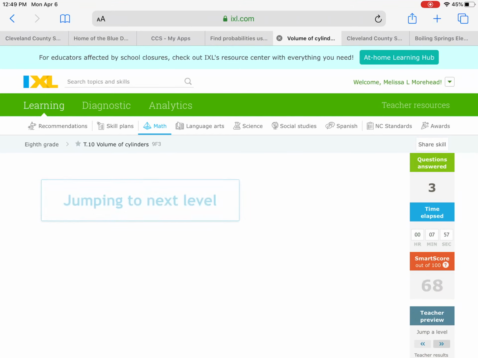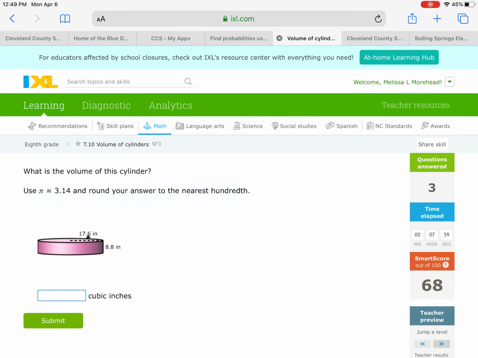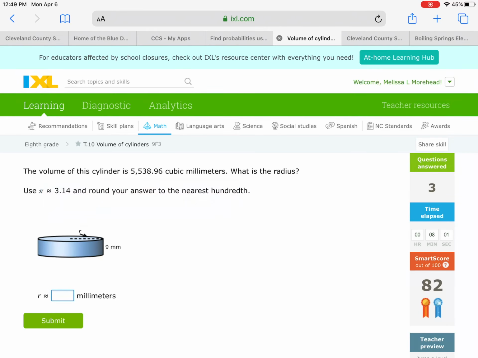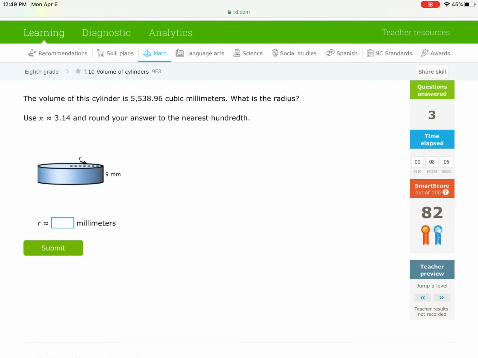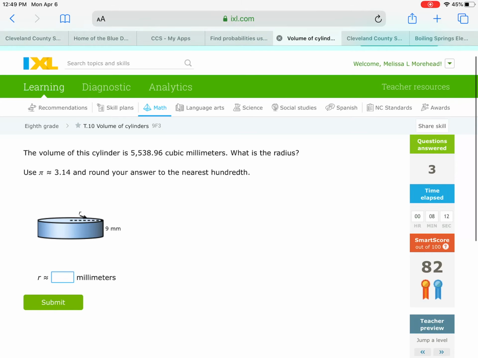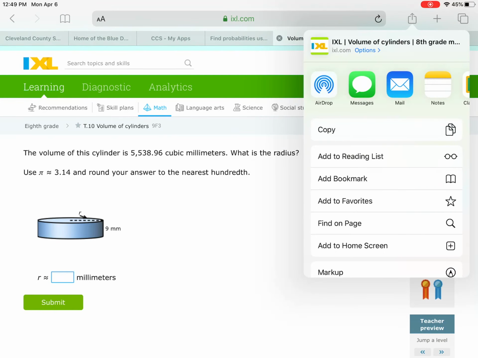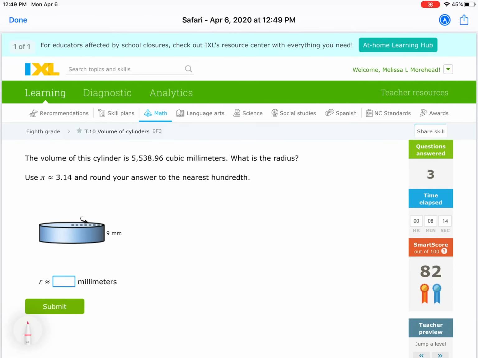All right, I'm going to jump to the highest level, because for these you're going to have to work a little bit differently. So now we have to figure out, this is where you're going to have to write some stuff down. Now we have to figure out what our radius is. So we know that the pi is 3.14, and that's what they've asked us to use.